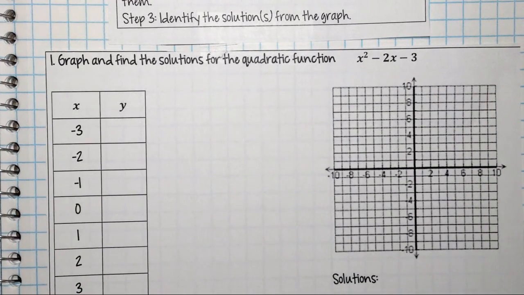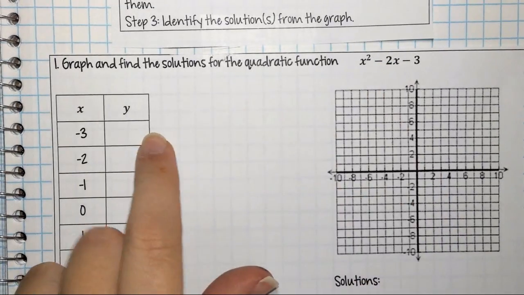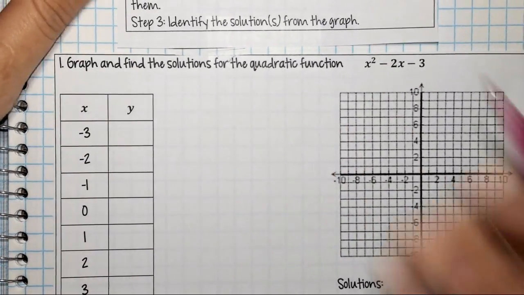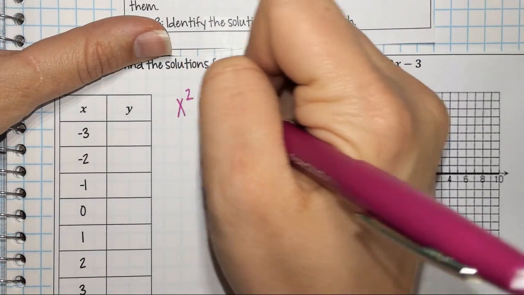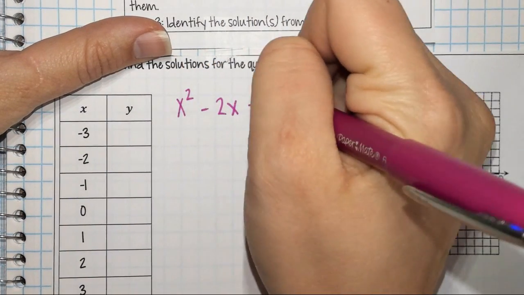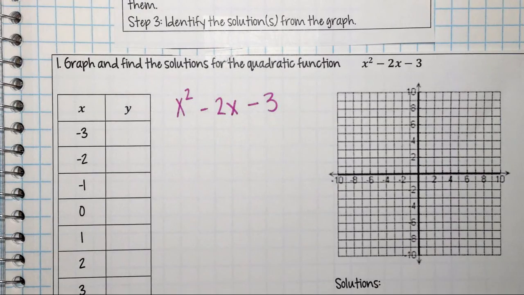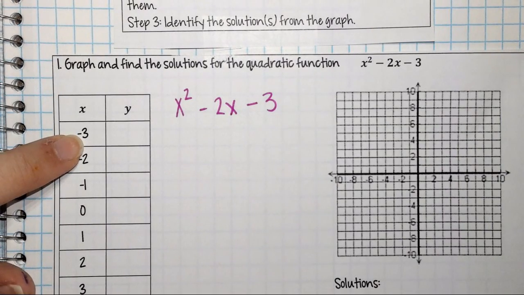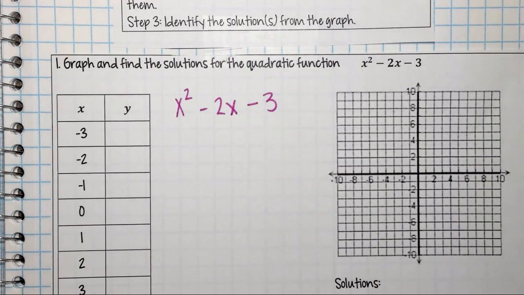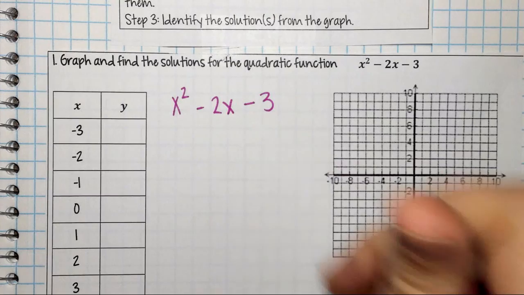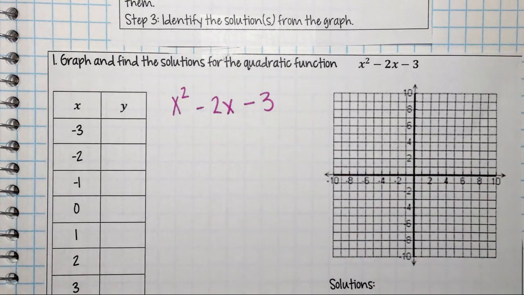Alright, so let's do this. Now, what I would suggest doing is out to the side, plugging in your numbers right here, and do a process column. So I'm going to write the function at the top. x squared minus 2x minus 3. And for the first one, everywhere I see an x, what am I going to plug in? A negative 3. And then we're going to get our y value.